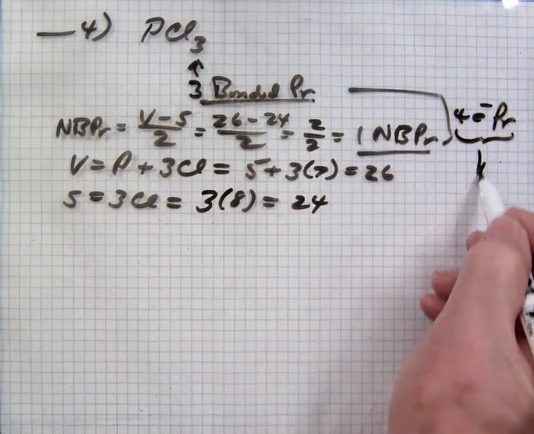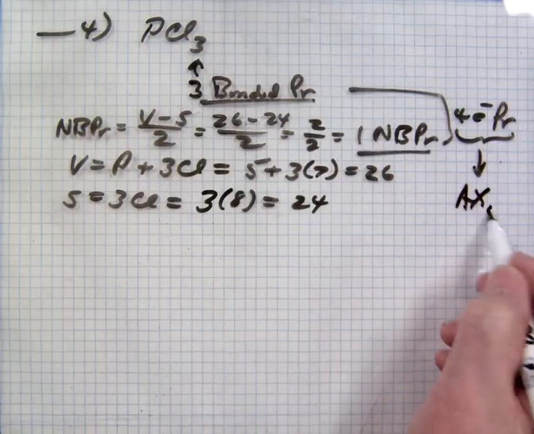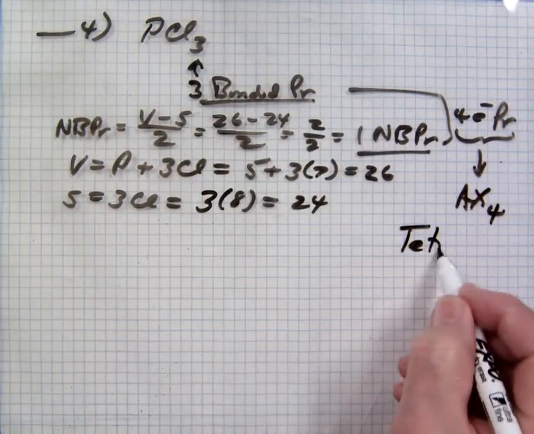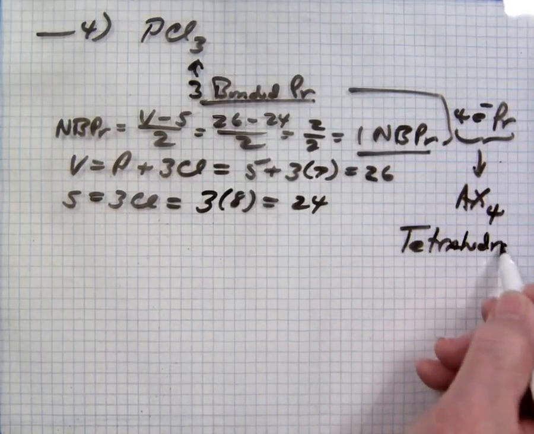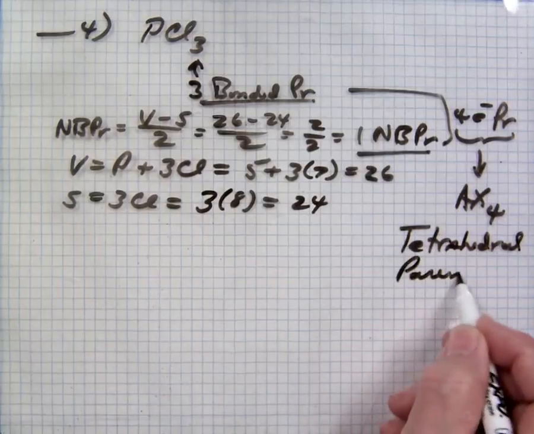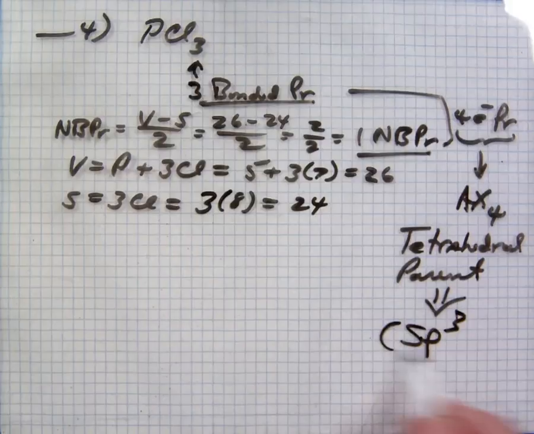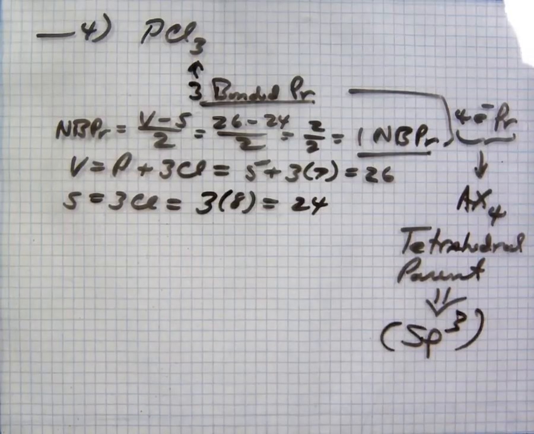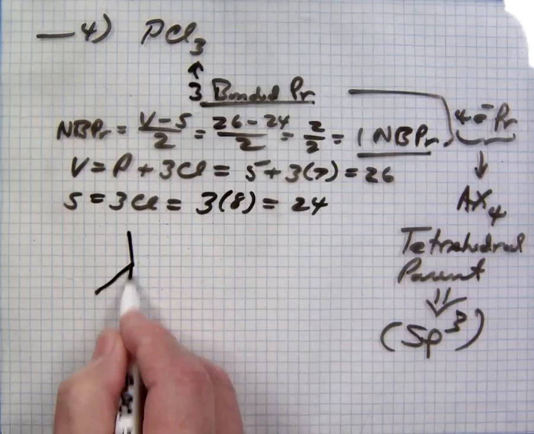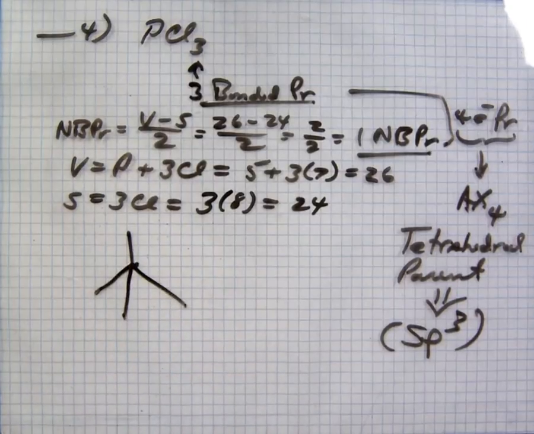4 electron pairs is an AX4 tetrahedral parent. And a tetrahedral parent is always associated with an sp3 hybrid, where we take 4 and make the shapes here, here, and here. So there's your parent in stick form, I guess you'd say.